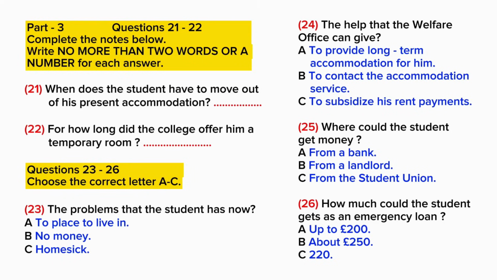The college gave me a temporary room for 1 month. I can't find anywhere else, and I have no money. Have you told the college about your position, or asked them to let you stay longer in your accommodation? No, not yet. I didn't think that would be possible. Well, we can contact the accommodation service on your behalf to see if they'll let you stay a little longer, until you can find an alternative.